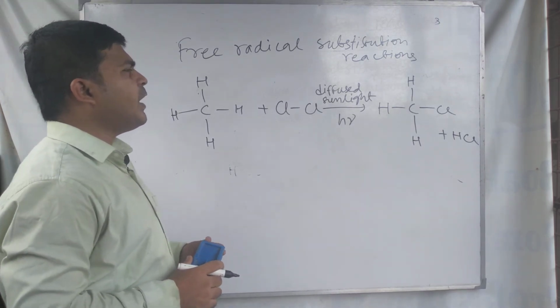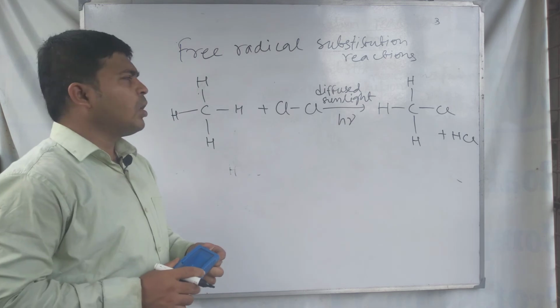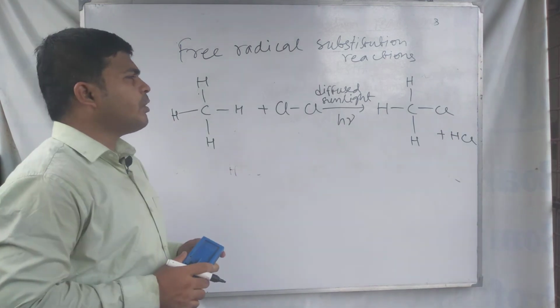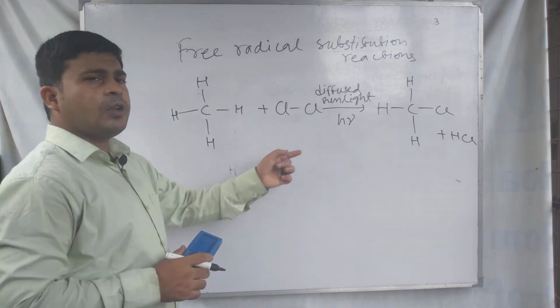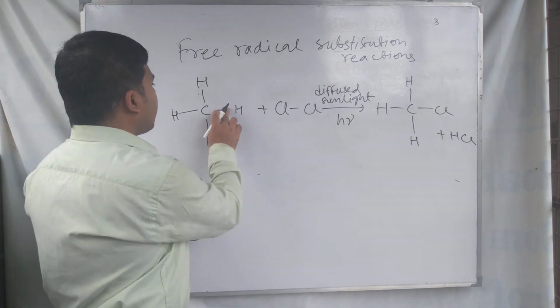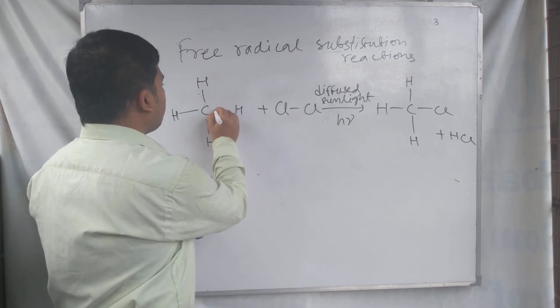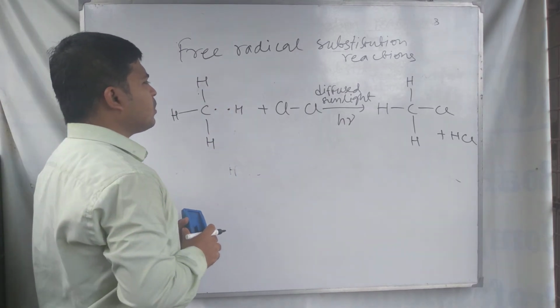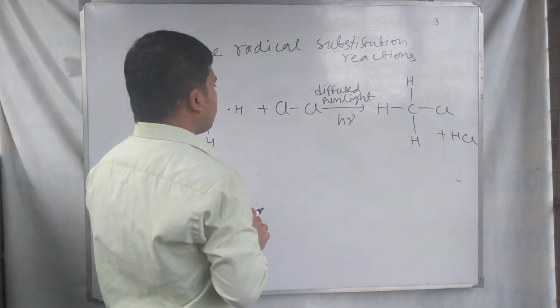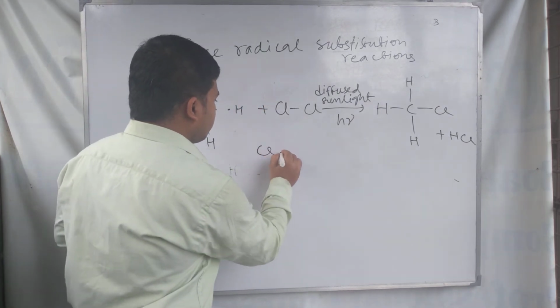This is a free radical substitution reaction, because during the reaction of the methane molecule and the chlorine molecule, at first the bond is broken. Let's see the mechanism of this reaction.